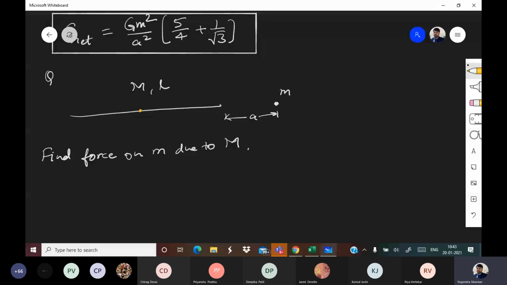This distance they took as L by 2, and then they calculated F net is equal to G capital M small m upon L by 2 plus A, whole square, right? So that is how they got this answer. Let me tell all of you, this answer is wrong.